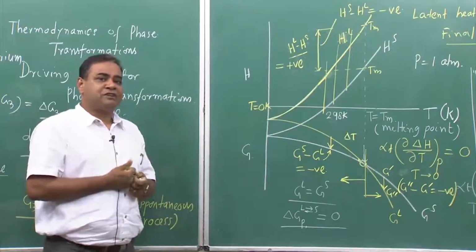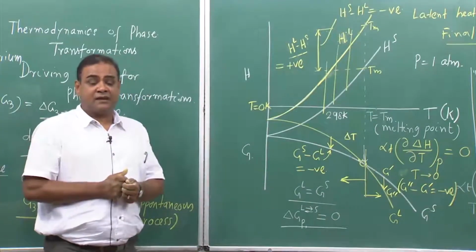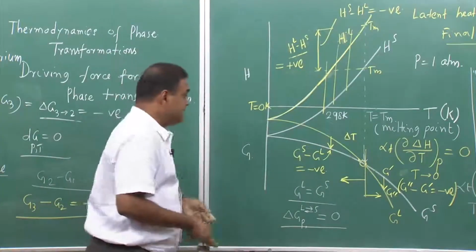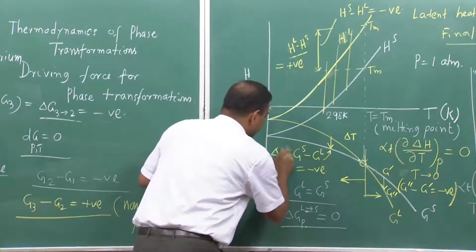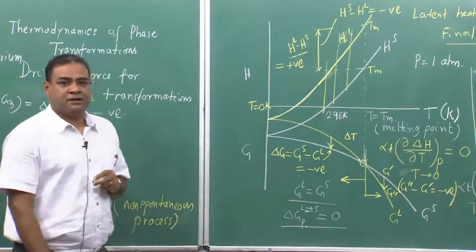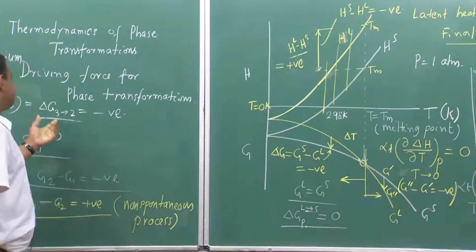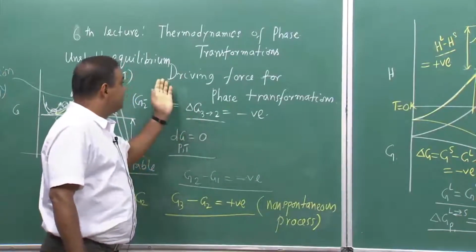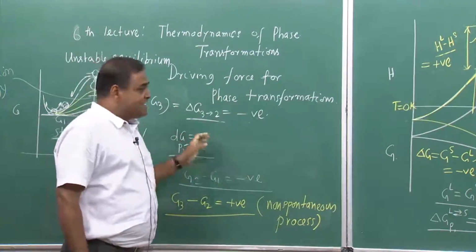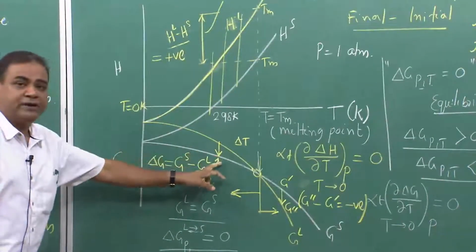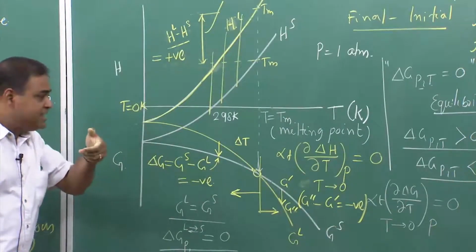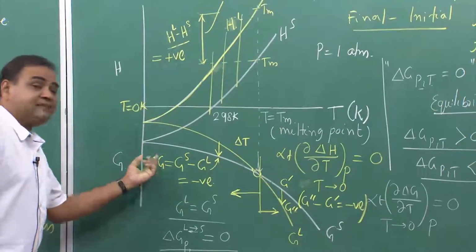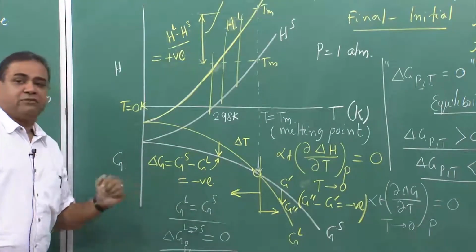That information would be critical to analyze, but at least from this it is very clear that this becomes my driving force, and the driving force is nothing but the change in free energy. Now, I am coming to the driving force for phase transformation. Here I am seeing the solid forming from liquid, and that driving force is nothing but the change in free energy, and that change in free energy is a negative quantity.